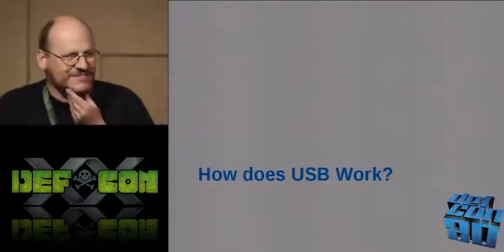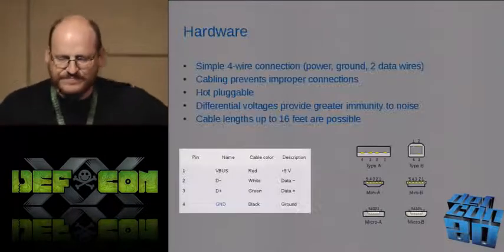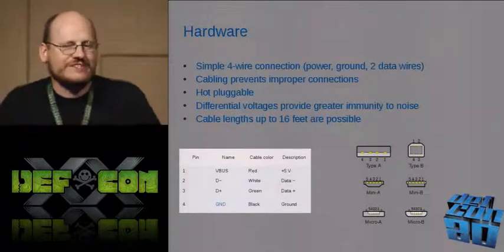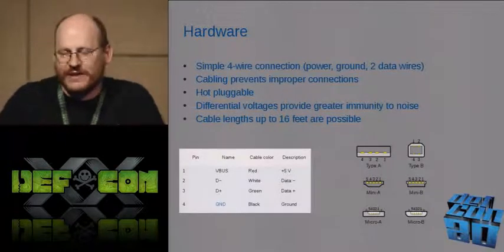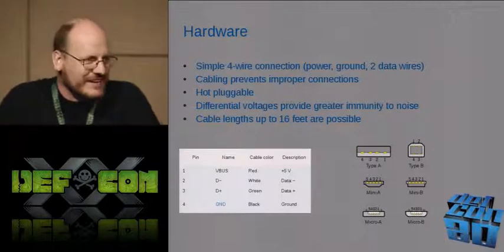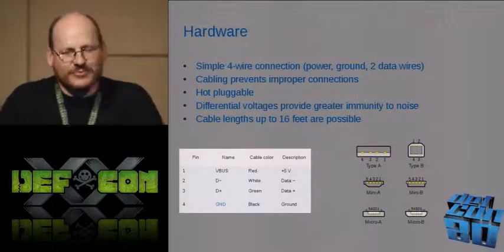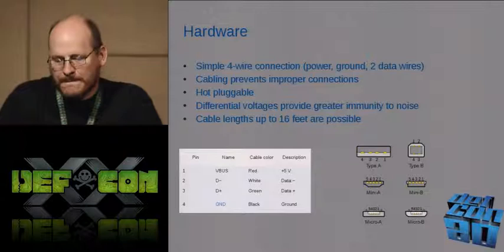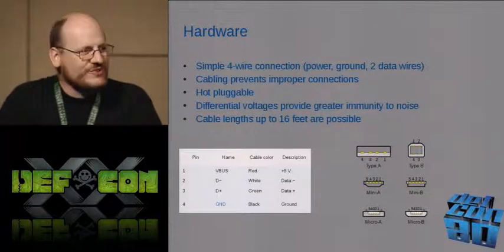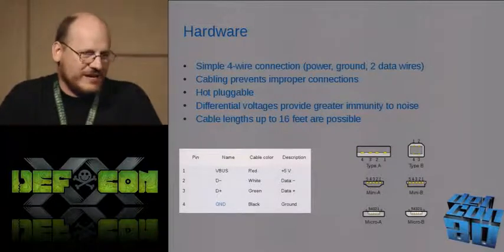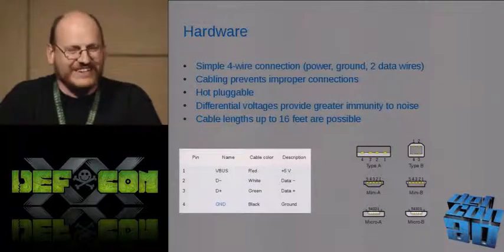All right, so how does this stuff work anyway? Well, it's made to be very simple from a user standpoint. So they have some nice idiot-proof hardware. It's a pretty simple 4-wire protocol, and it's set up so that you cannot screw it up unless you try, right?